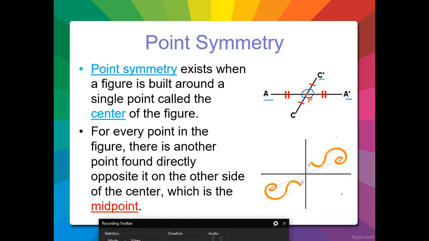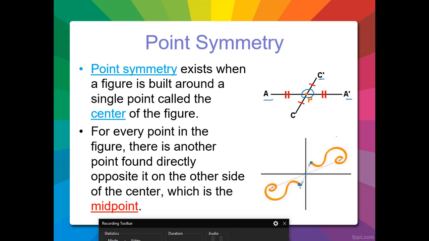The same thing is true with this object, even though it's not a straight line. If you look at individual points, this end here would be the same position on this figure here. If you go through the center, which happens to be the origin, the distance between the points and the origin is equally spaced.